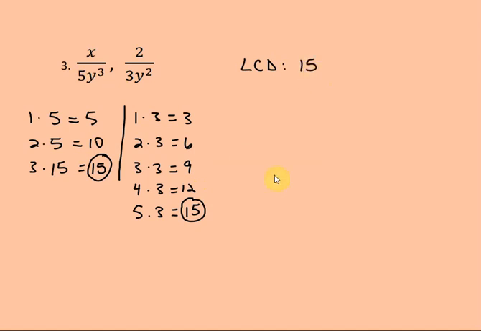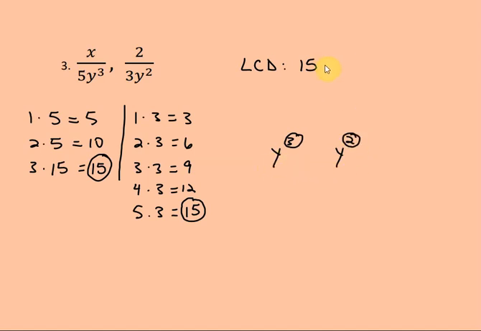And now for our variables, we have y to the third and we have y squared. As I said earlier, we want to include in our least common denominator the maximum number of times that each factor occurs in the denominators. So y occurs 3 times in the first denominator, and it only occurs 2 times in the second denominator.